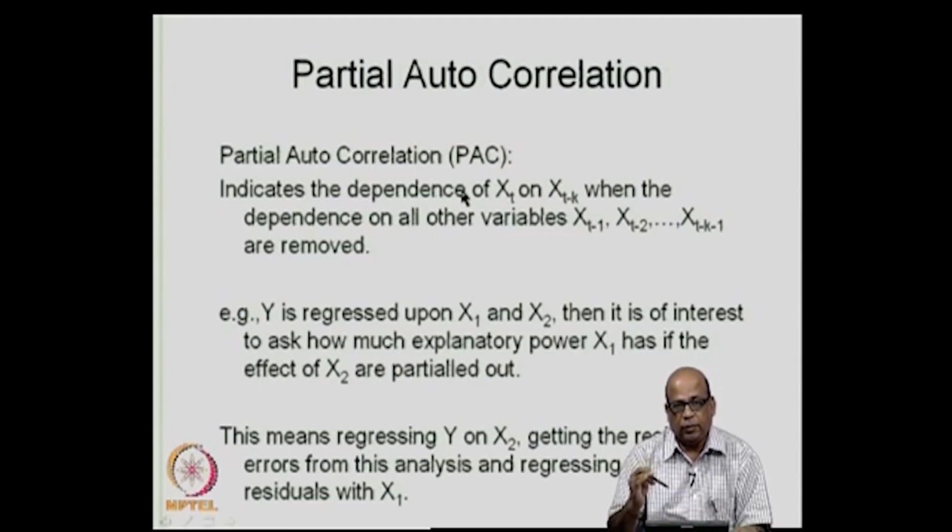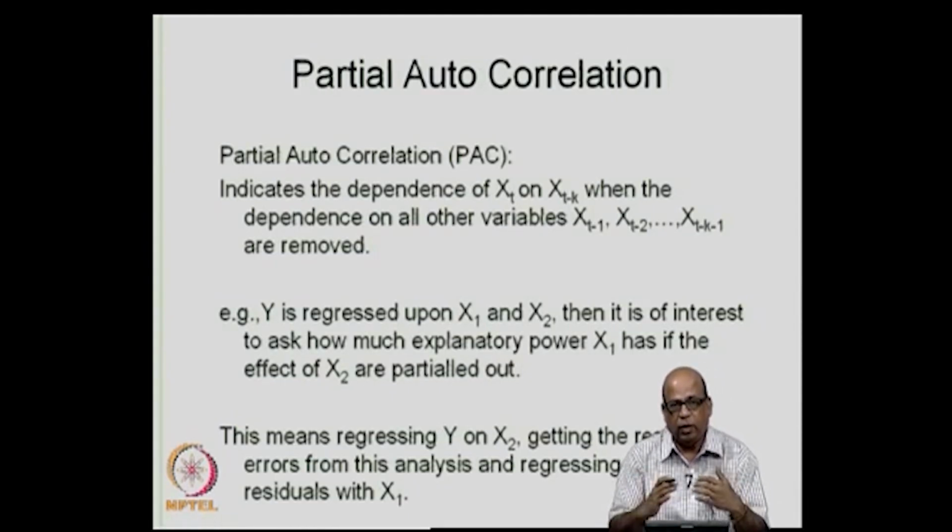So, it indicates the dependence on x t minus k alone when the dependence of x t on all other variables has been removed. To understand this better, let us say that y is regressed upon x 1 and x 2, and then we are interested in how much explanatory power x 1 has if the effect of x 2 is partialed out or removed.